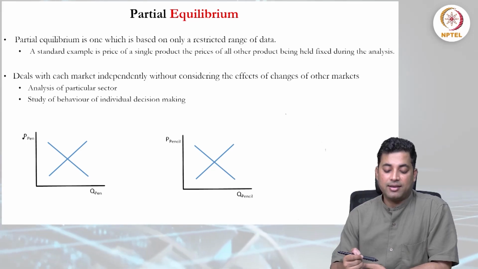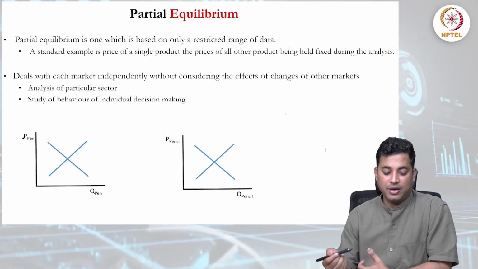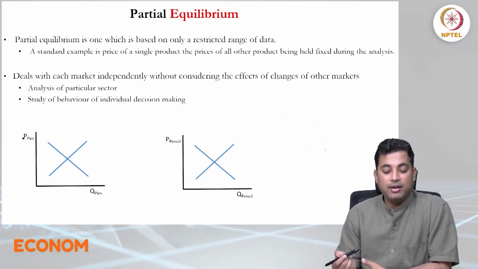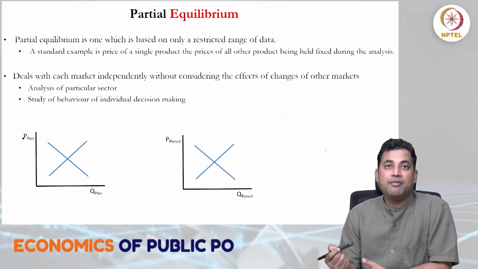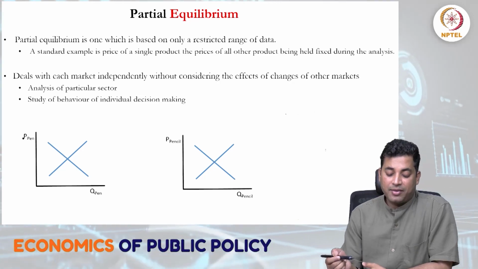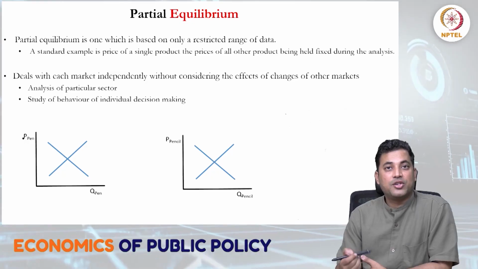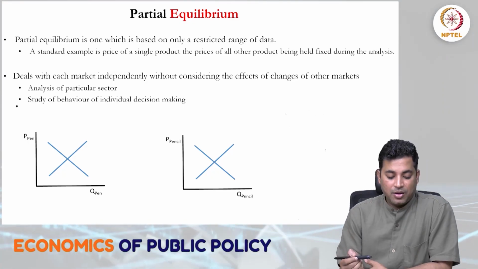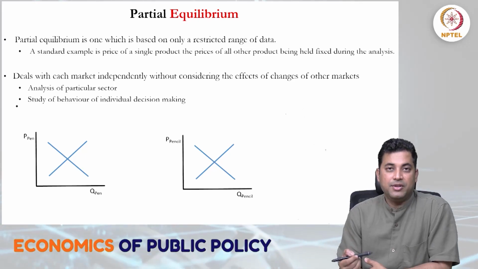It deals with each market independently, without considering the effects of changes in other markets. Like analysis of a particular sector or study of the behavior of individual decision making.